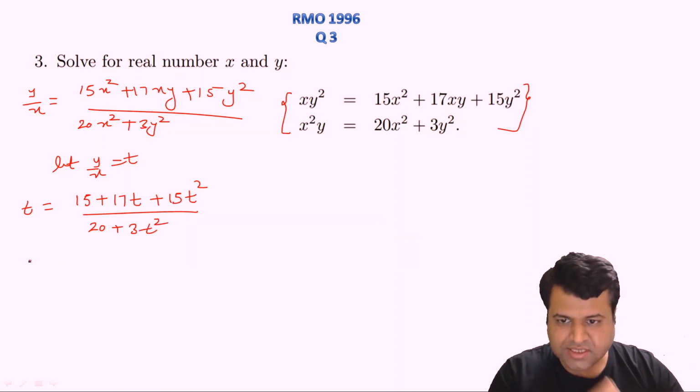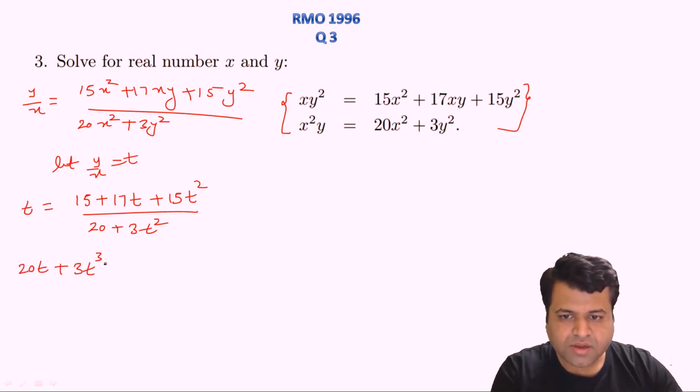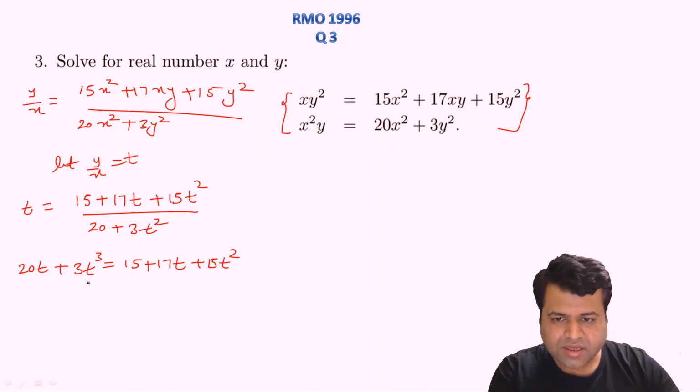Let's cross multiply these things. We will get 20t plus 3t cube equals 15 plus 17t plus 15t square, right? And this 20t and 17t will become 3t. So let's cancel out a factor of 3 also.